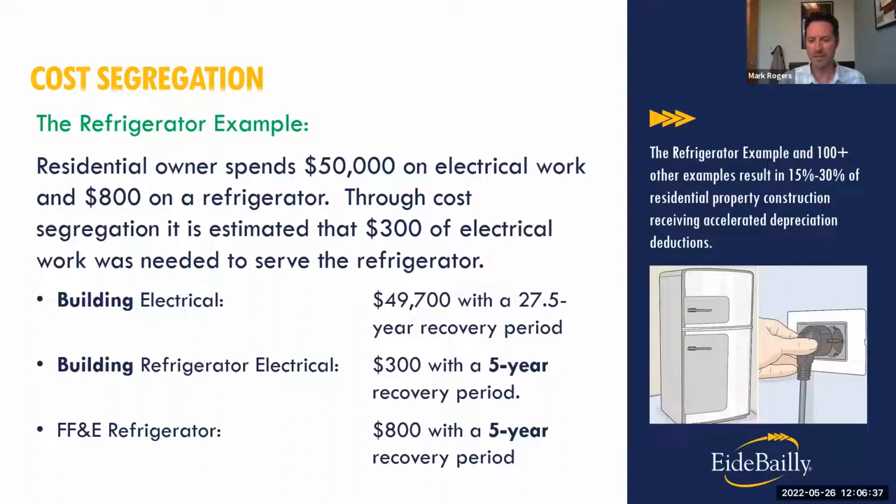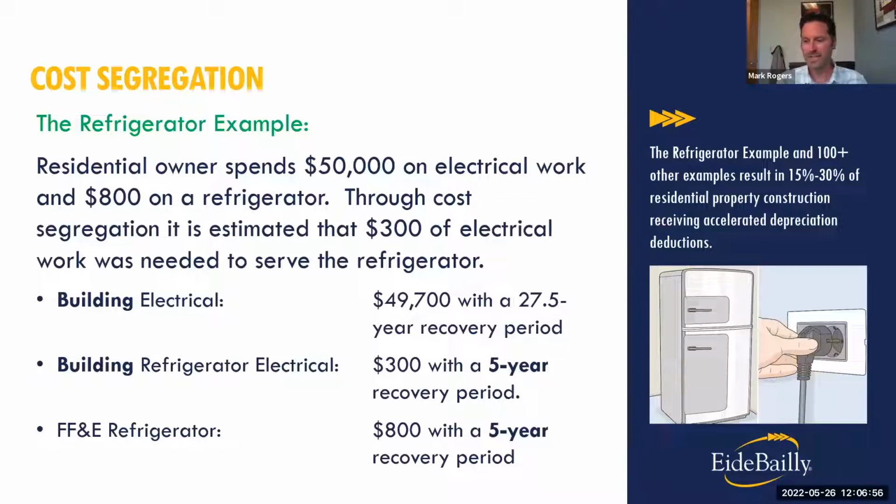But then the building component that's being segregated, the electrical serving the refrigerator, gets a 5-year life, which is very similar to the refrigerator itself. It's also getting a 5-year life. So look at the bulls: building, 5-year, 5-year. And cost segregation is where those two meet.